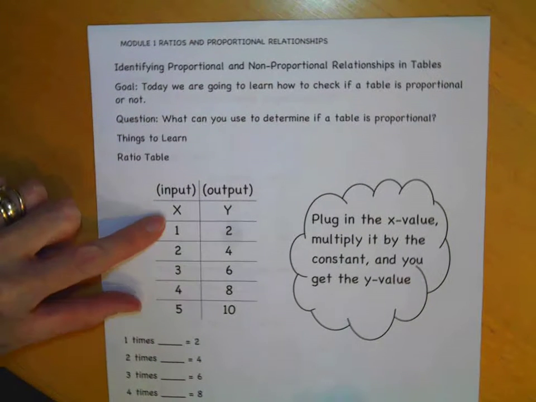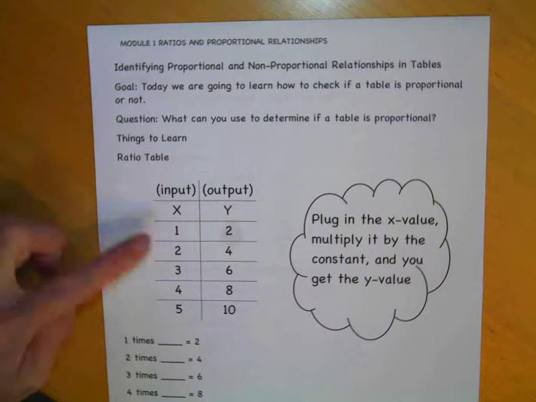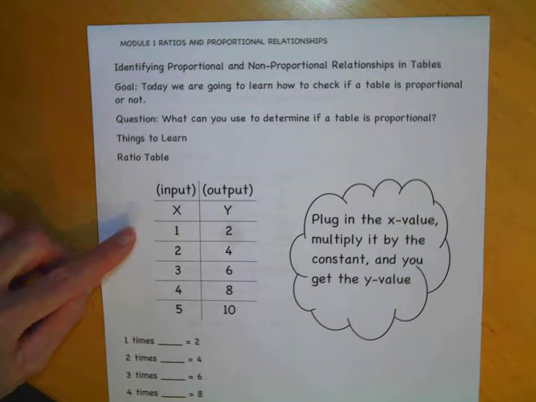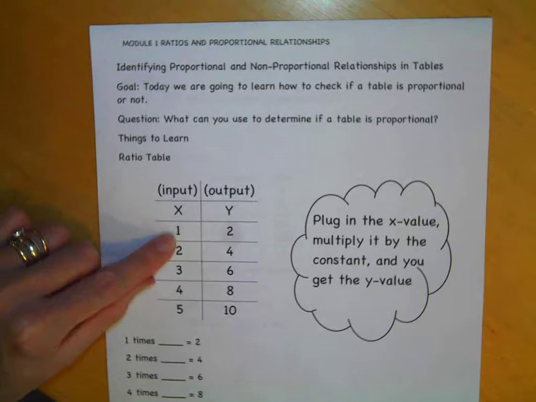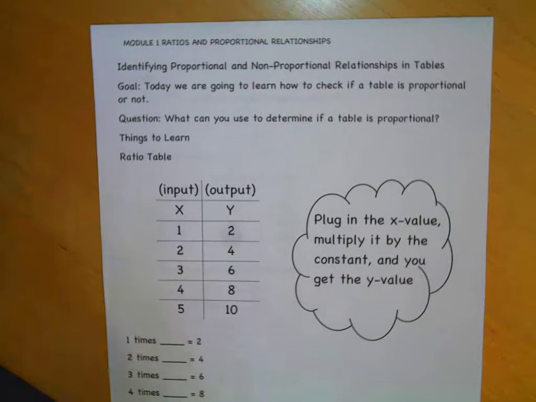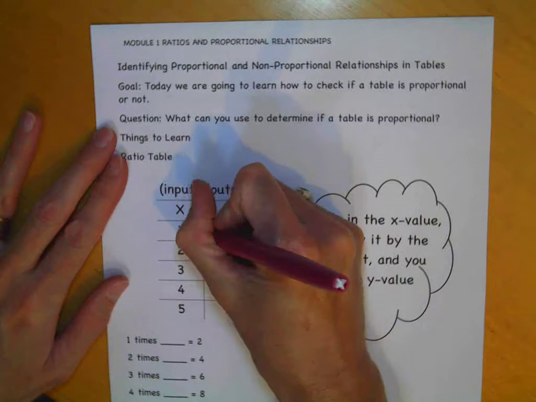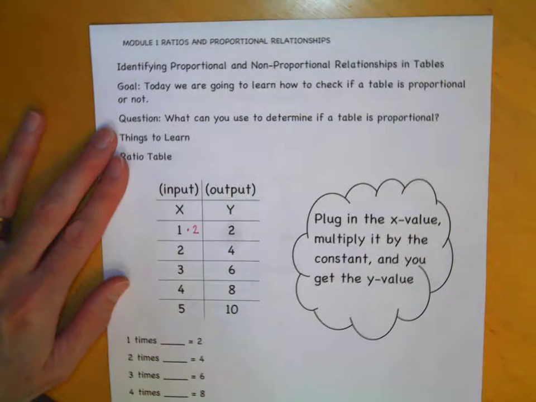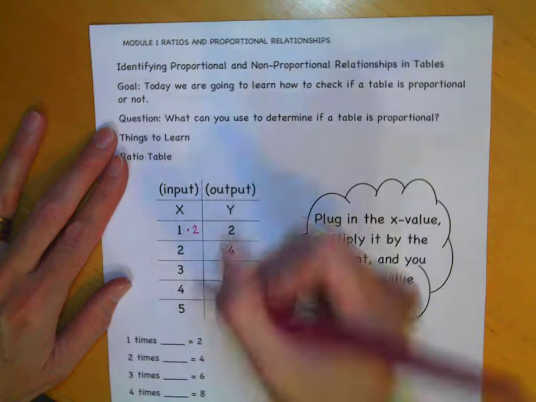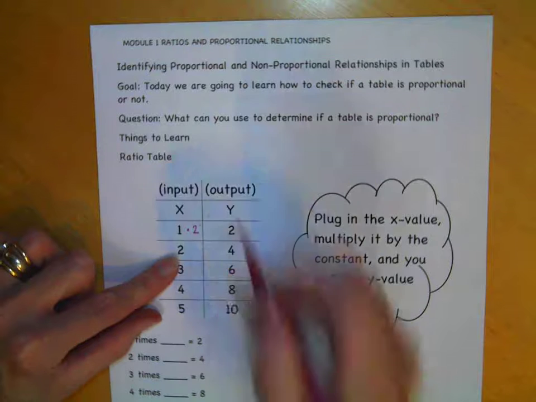So if we look at this table to figure out if there's one specific rule happening, we do that by checking every single value. So we have 1 times something gives us 2. Inside your head right now, you should be thinking, oh, that's easy. 1 times 2 gives me an output of 2. Then we're going to try the next one. What number times 2 gives me 4?